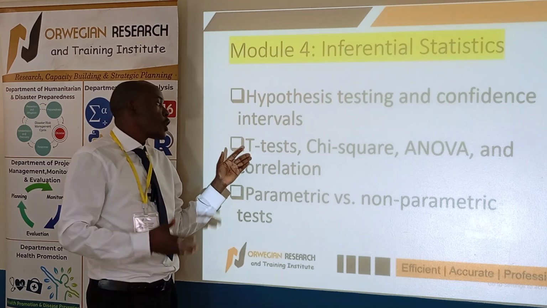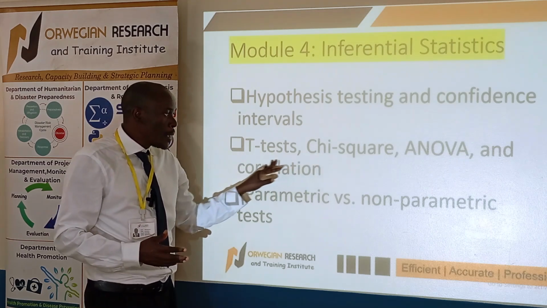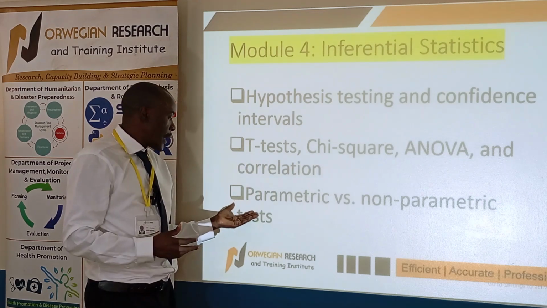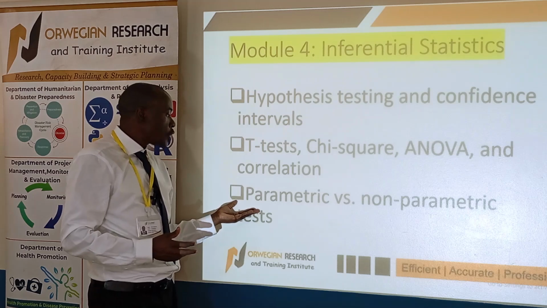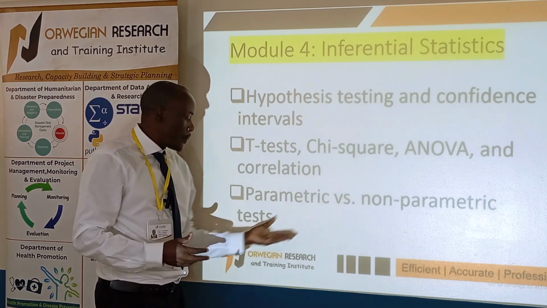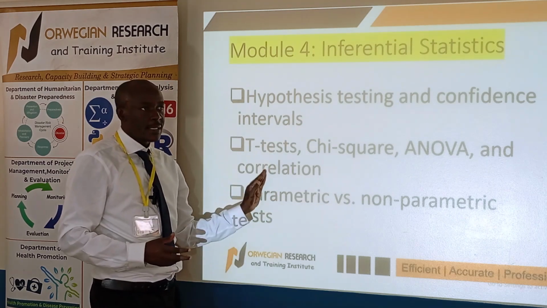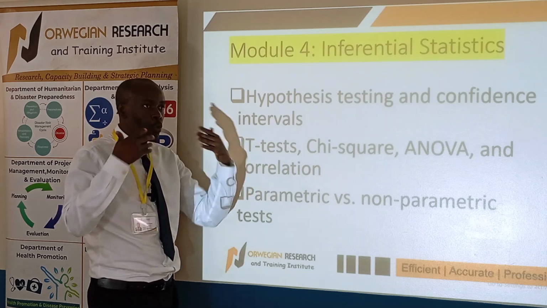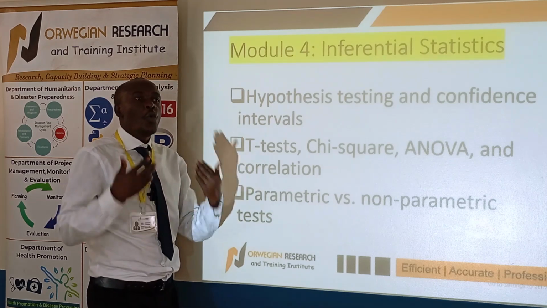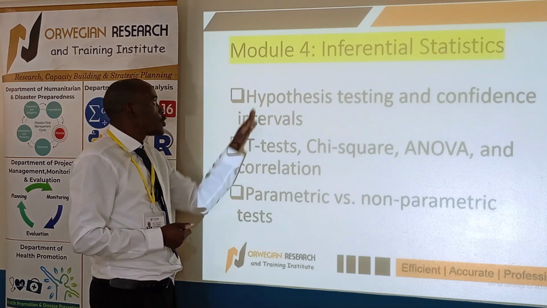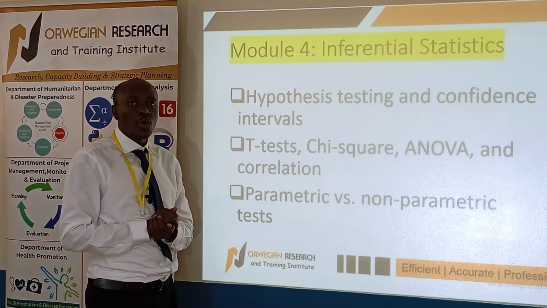The non-parametric equivalents of all these tests will also be looked at. That's why we are talking about parametric and non-parametric equivalents of all these tests, their meaning, and how we can interpret them within the context of our study. That's what we shall be covering in module 4.